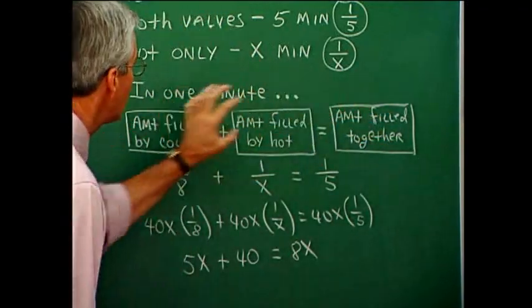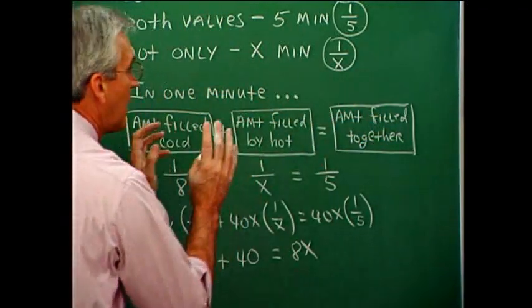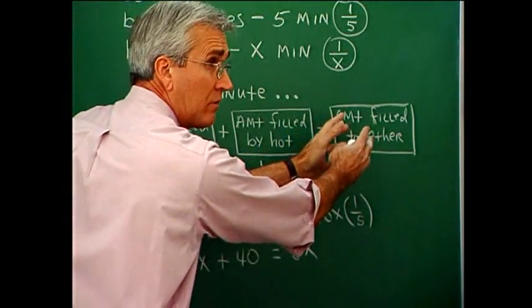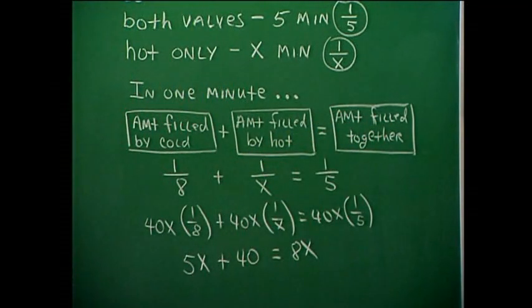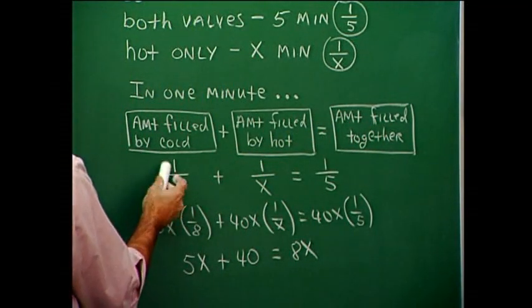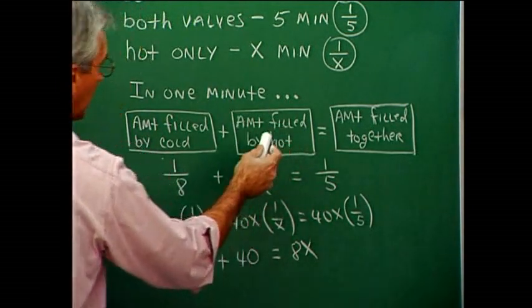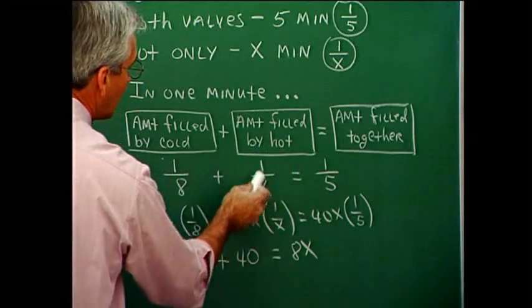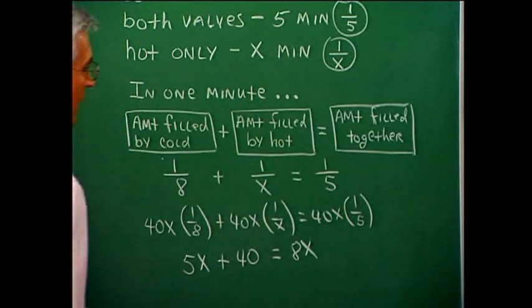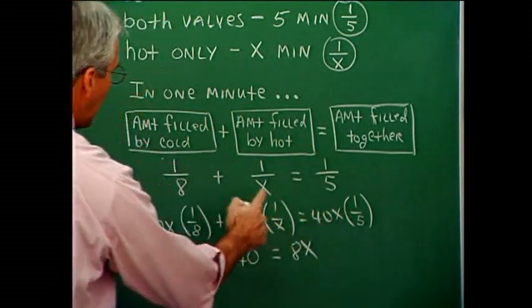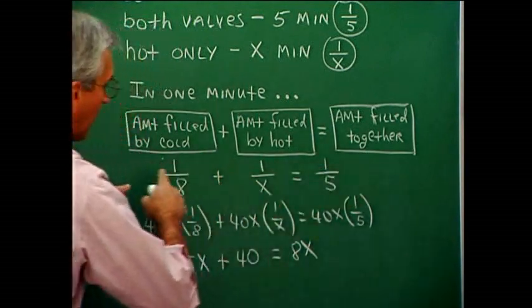You see, it's each one separately, add those together, and we get the amount when they work together. So that's the idea. The amount filled by the cold water valve in 1 minute is 1/8. That's the part of the tub that's filled. By the hot water valve, it's 1 over X from up here, and working together, it was 1/5. And now we have an equation involving fractions.